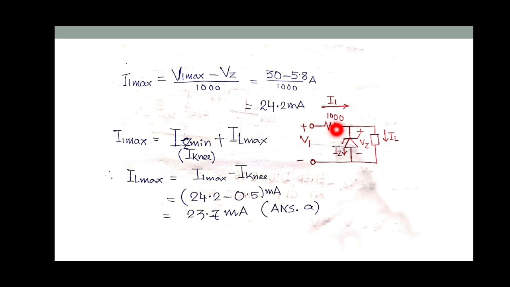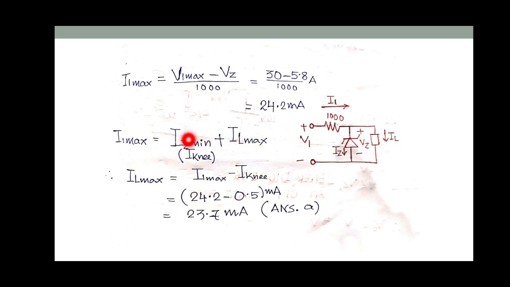And V1 varies between 20 to 30 volt. So the value of I1 will be maximum when the value of V1 will be maximum, and it is nothing but 30 volt. So I1 max is V1 max minus VZ by 1000, that is 24.2 milliamps. Applying KCL here, I1 max equals IZ plus IL.